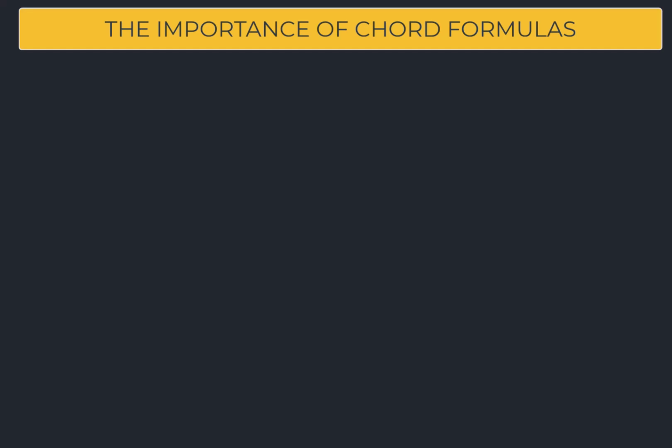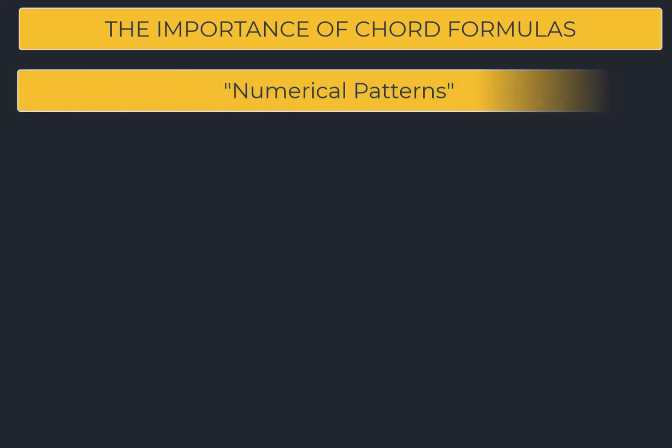As we get into them, you might think of chord formulas as, quote, numerical patterns used to define note intervals to form any chord in any key signature. Thus, these different note intervals are what makes the different chords sound different.